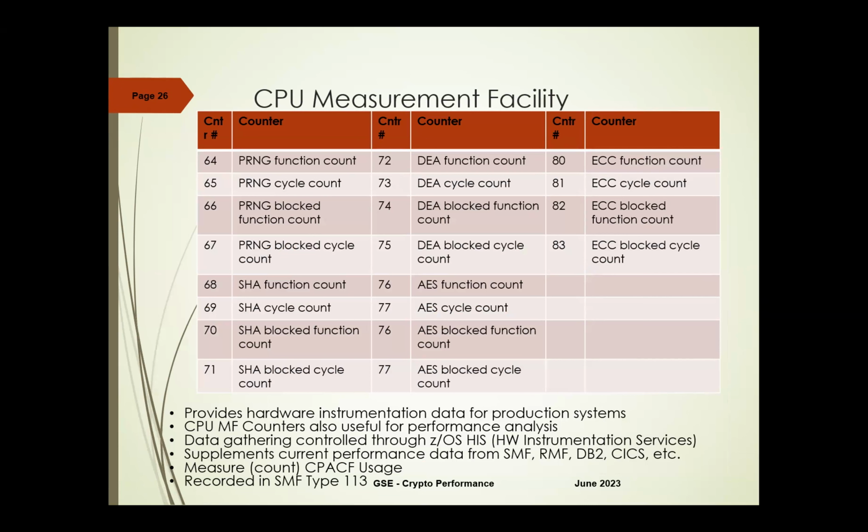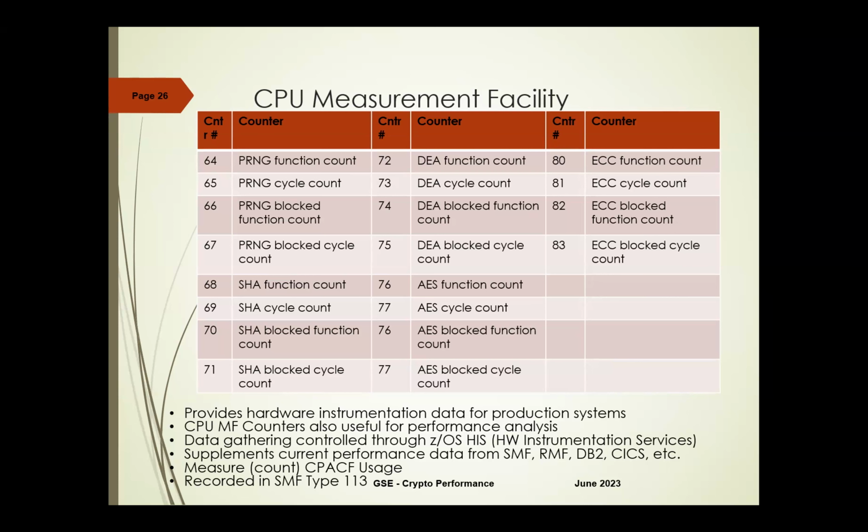The next couple of slides are going to talk about some of the performance reporting that's available. The first capability is the CPU measurement facility. If you're running HIS, the hardware instrumentation services started task, one of the things it can capture is the number of crypto operations that are executed on the CPACF hardware.